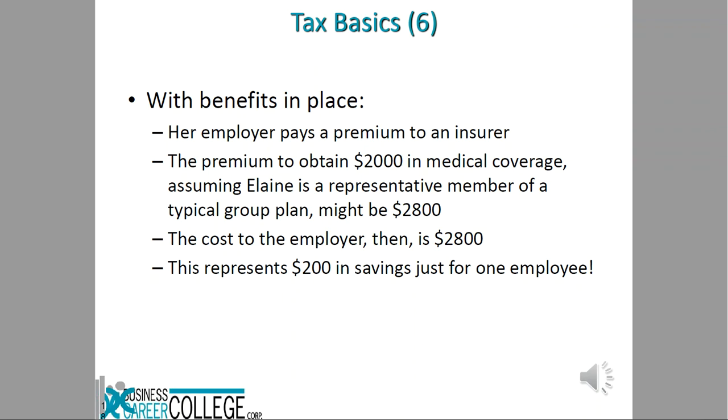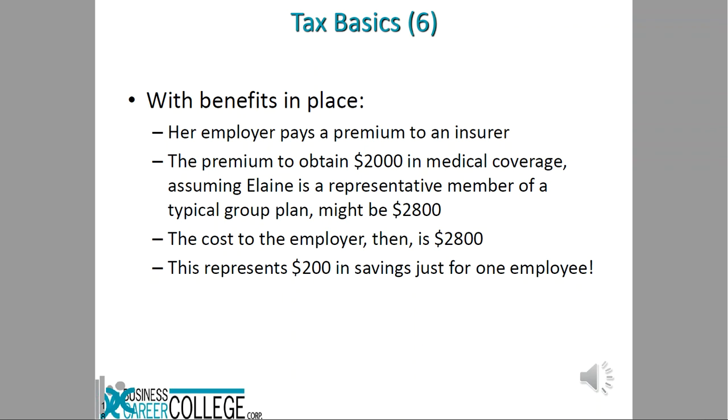That's $200 cheaper for the employer than having to write her a check for $3,000 to get the same amount of benefit. Now keep in mind both of those costs, the cost of the benefit and the cost of salary, would be tax deductible to the employer, so really it's an apples to apples comparison in that sense.